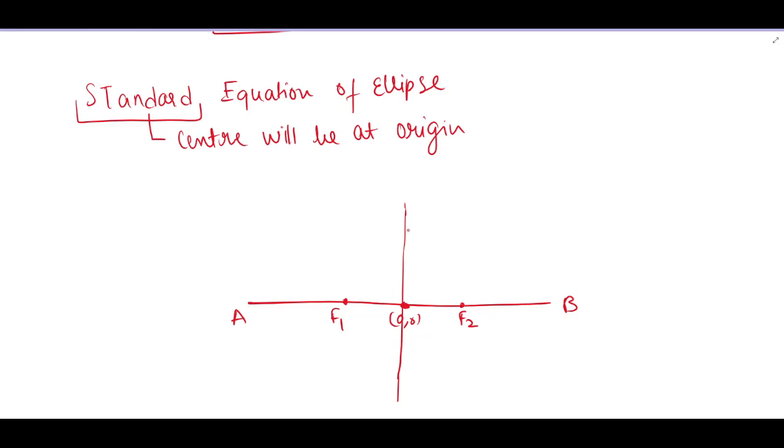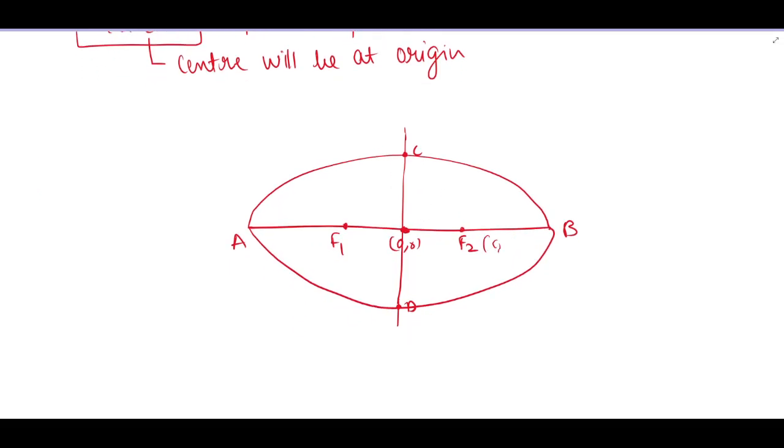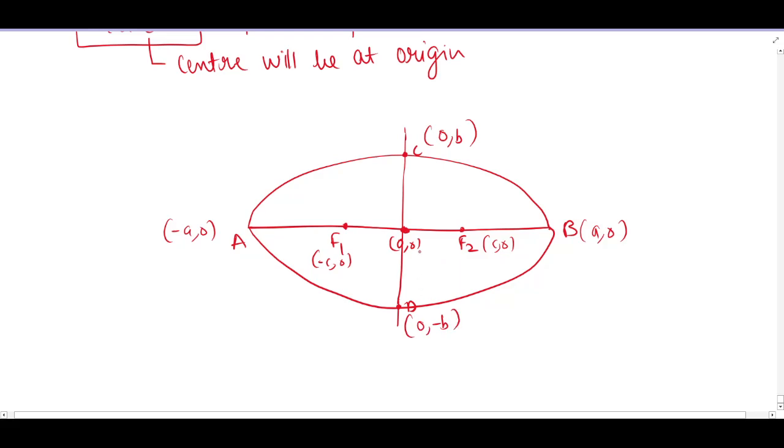This is the minor axis, this point is C and this point is D. Now join the points and form an ellipse. This is an ellipse with foci at c comma 0 and minus c comma 0, point B at a comma 0, point A at minus a comma 0, point C at 0 comma b, and D at 0 comma minus b.